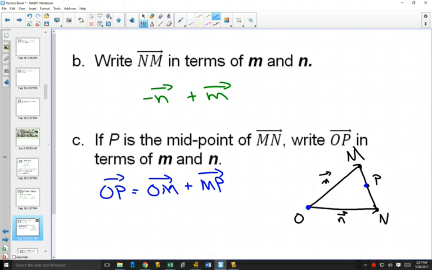That makes sense? Well, O to M is good because we already know that that is M. But we don't know what M to P is yet, other than the fact that it's the midpoint between M and N. So if we went in the direction of M and N but only went halfway, we would stop at P.